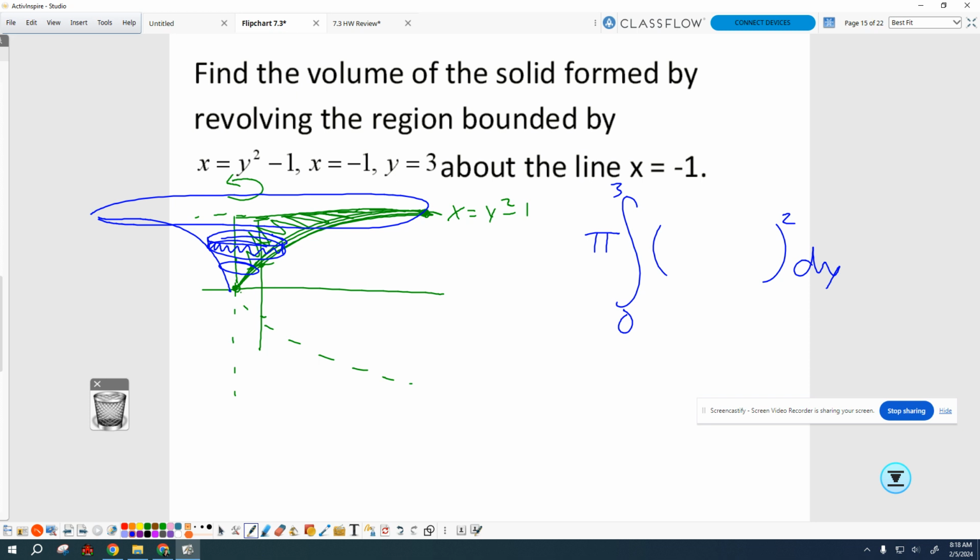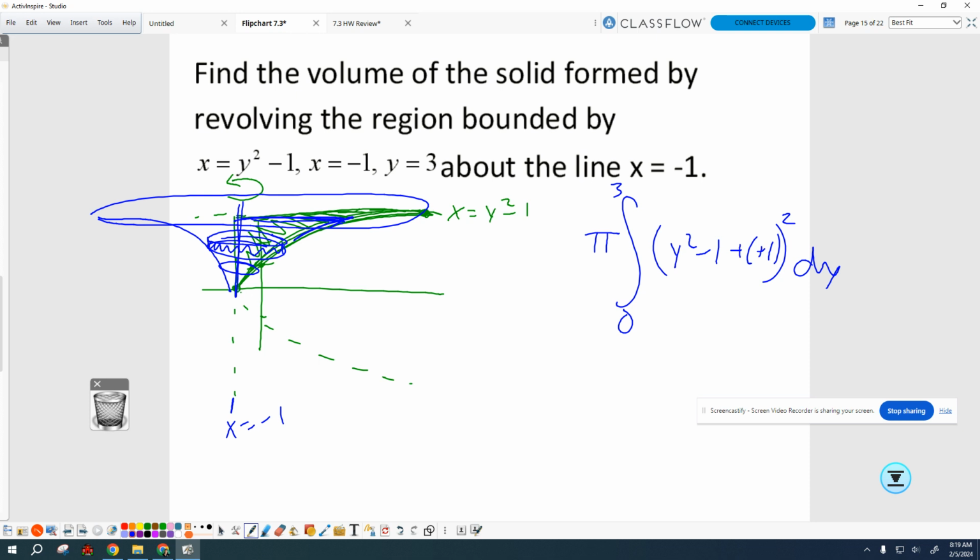Hadley, what's the radius? Like y squared minus 1 minus 1. Or minus negative. So the distance from this green line to this is the right, which is y squared minus 1, minus the left, minus -1.